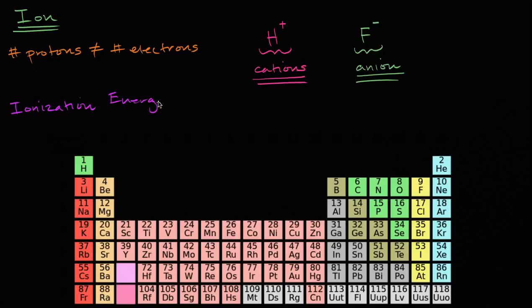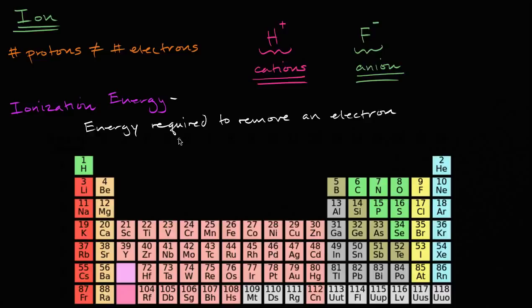And this is defined as the energy required to remove an electron. So it could have even been called cationization energy, because it's the energy required to remove an electron and make the overall atom more positive.